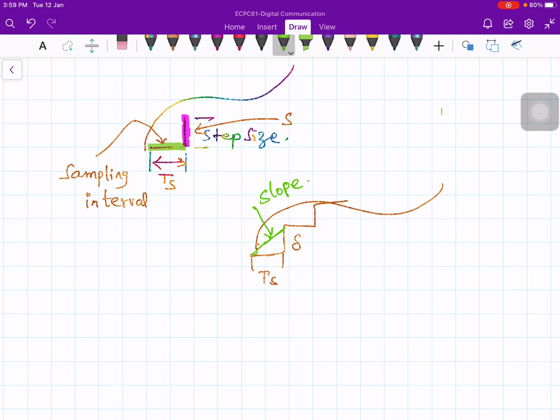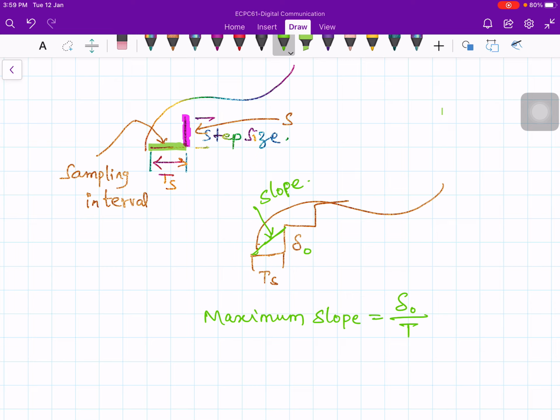What is the maximum slope you can get? The maximum slope is the opposite side divided by the adjacent side. The opposite side is delta naught and the adjacent side is Ts.